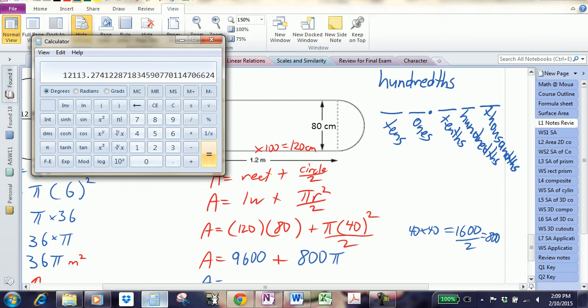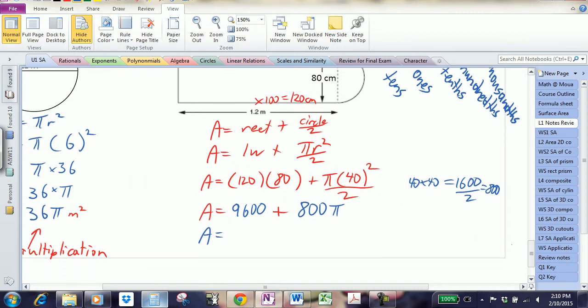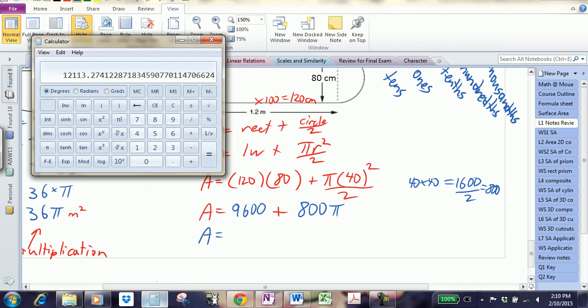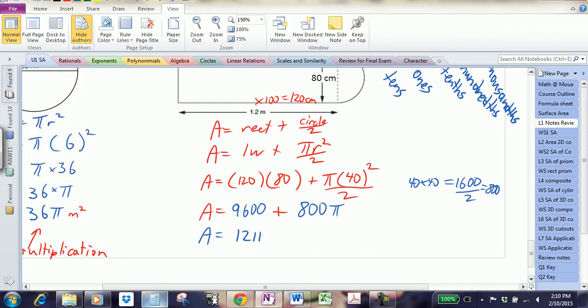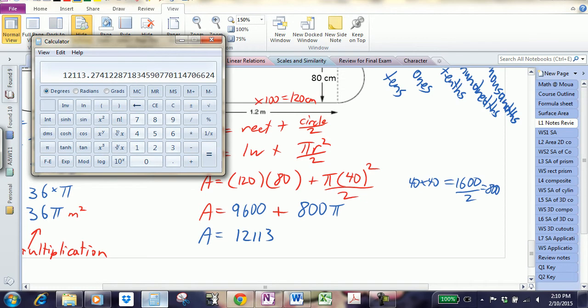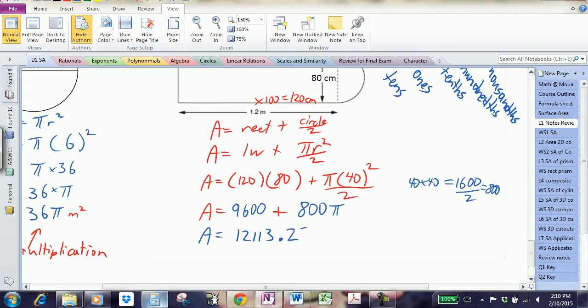Is it the same as yours? Kind of. What should I write down? 12113.27. Okay, so 2 decimal places, the nearest hundredths. All right. Any questions?